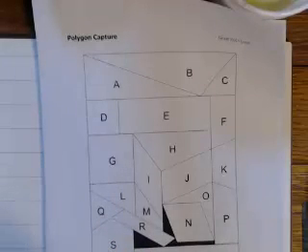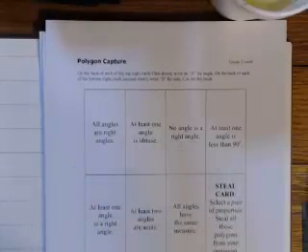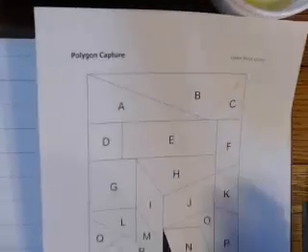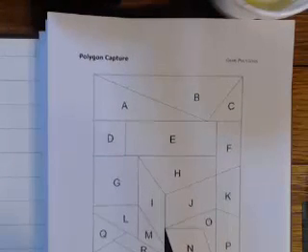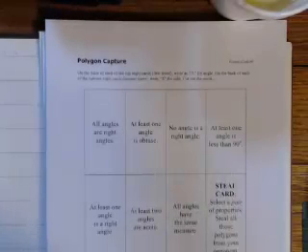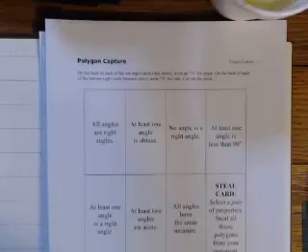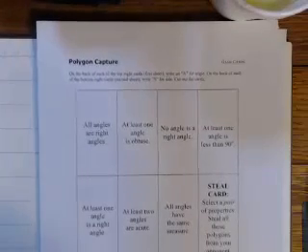So this is a game that the students play with each other, where they have cards that have different conditions, and then they choose from this group all that apply. And then they have a steal card where they select a pair of properties and steal all those polygons from the opponent.